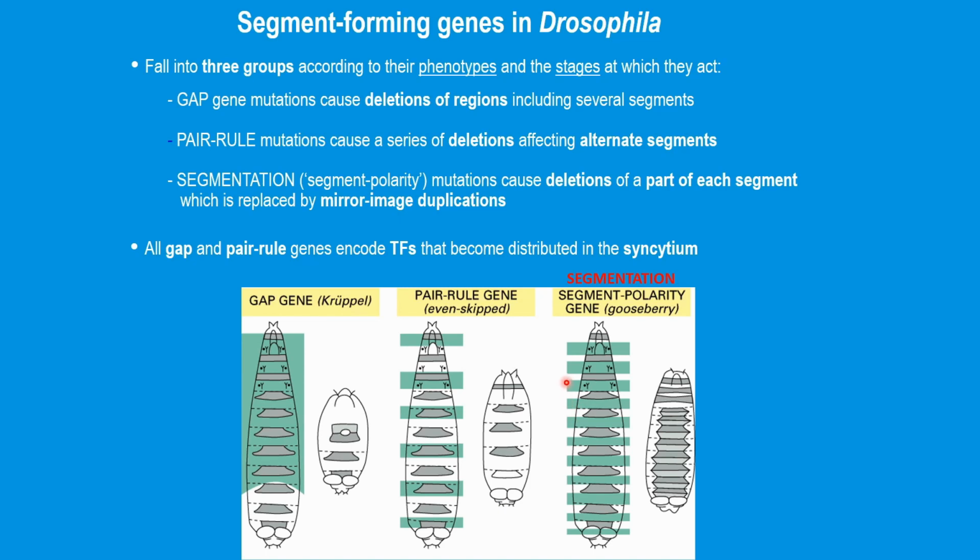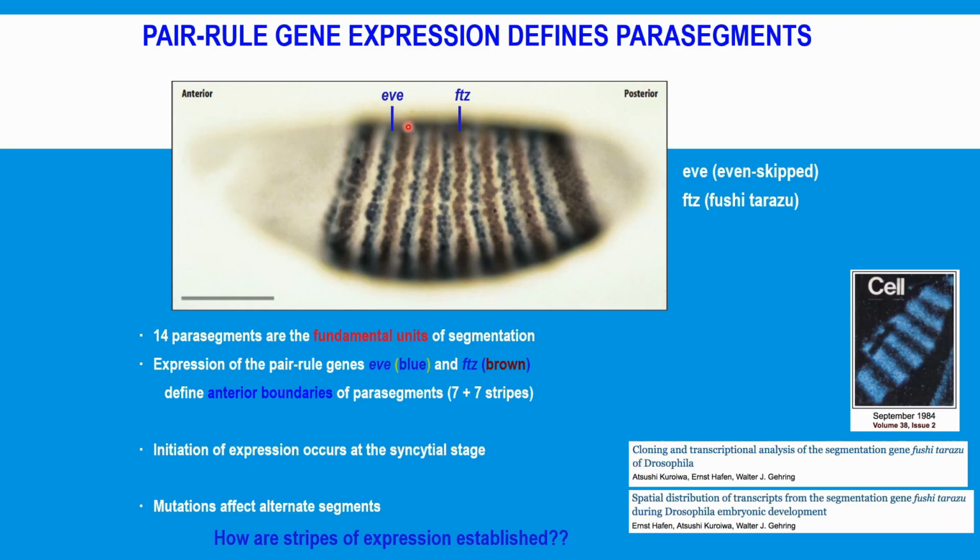And for the segment polarity genes, for example one called gooseberry, which is expressed on one side of the segment, when it's gone, we get this sort of mirror image transformation of each segment. The gap genes, setting up these broad stripes, function to turn on the expression of the pair rule genes, Eve, even skipped, and Fushi tarazu.